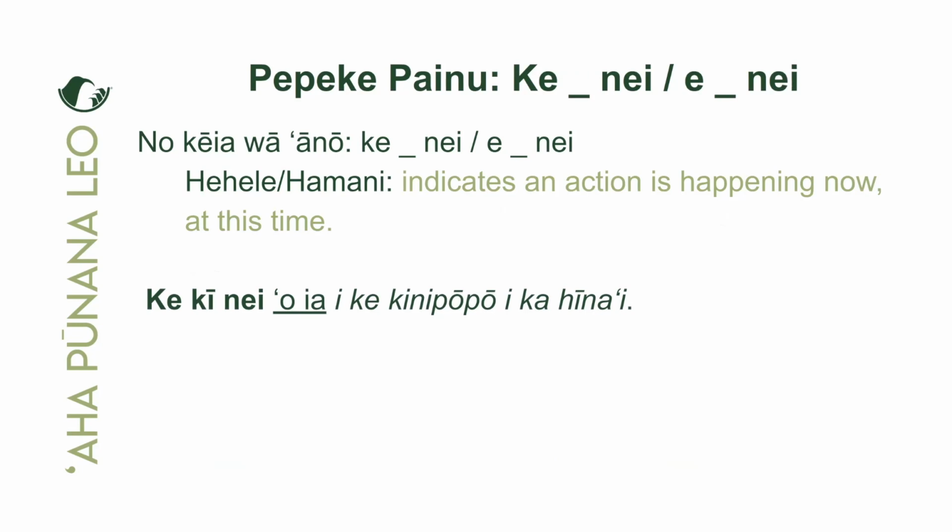What is the thing receiving the action of ki? Okay. 'Ai, i ke kini pōpō. The kini pōpō is receiving the action. Then we have another additional 'ave there telling us where this kini pōpō is going. It's going i ka hinaʻi, all right. And hinaʻi is another word in your vocabulary list. So if you checked your vocabulary list and you understand what those words are, let's see if you're able to translate correctly. Here we go.